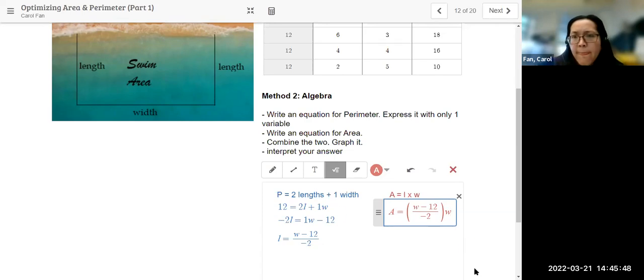So I need to put this into my graphing calculator to see what it gives us as the maximum.